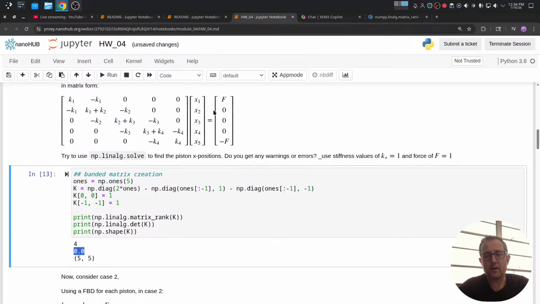So if this is 0, and I'm going to say 1 over 0 times this equals x1, 2, 3, 4, 5, then I have infinity times f is x1, which is nonsensical. Like x1 could be infinity, but then all the other ones are infinity.